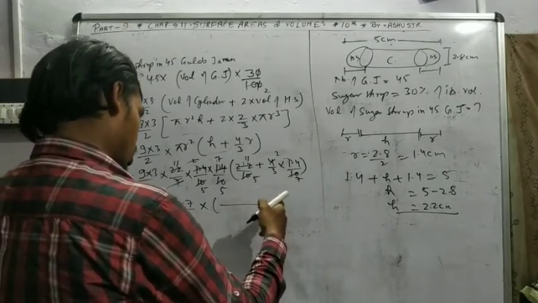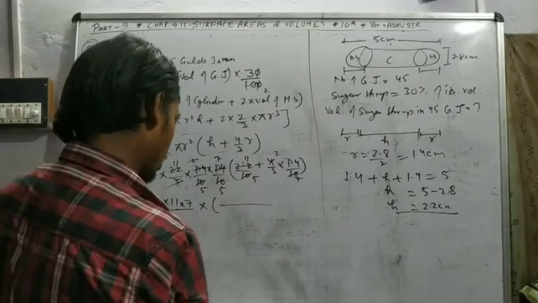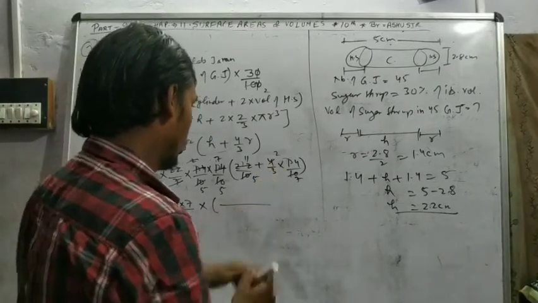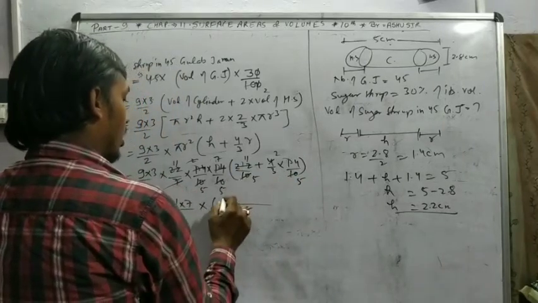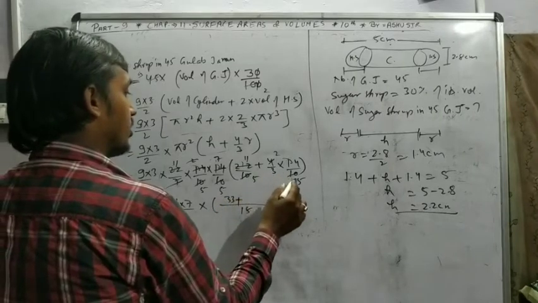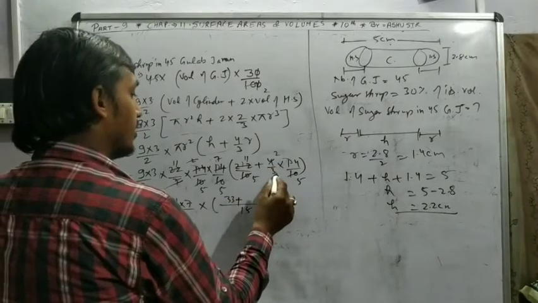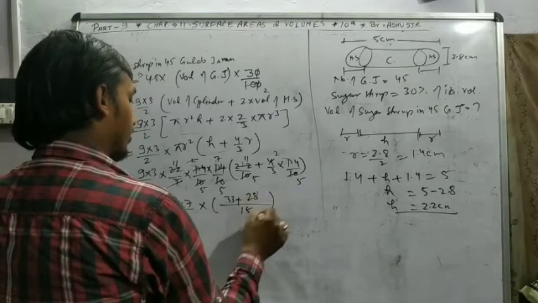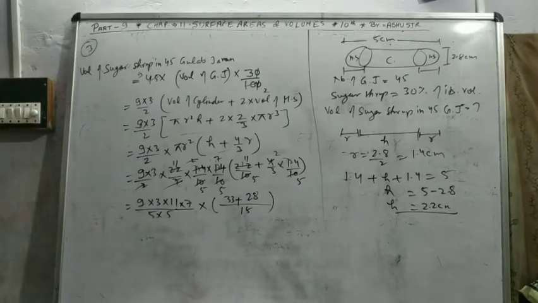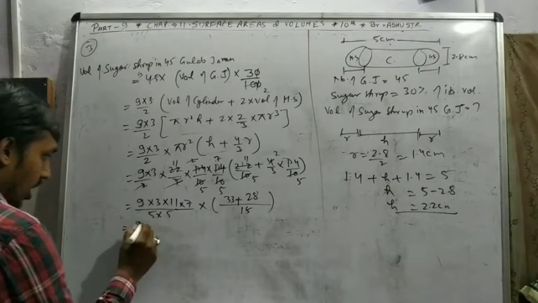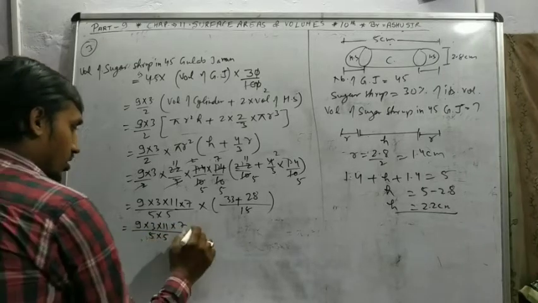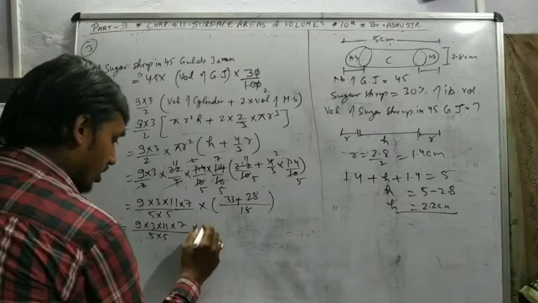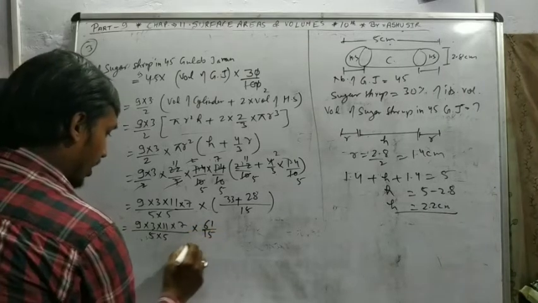No. Five, so the LCM is 15. 33 plus 28, and solve it. 9 into 3 into 11 into 7, 5 into 5 into, this is 61 by 15.